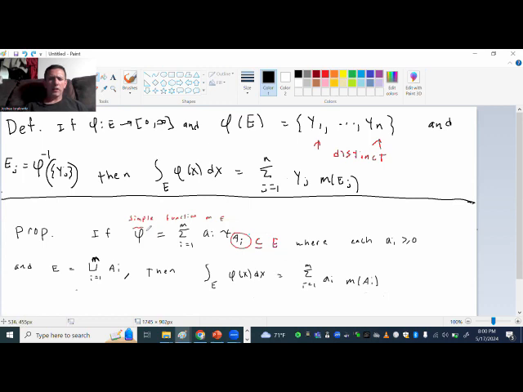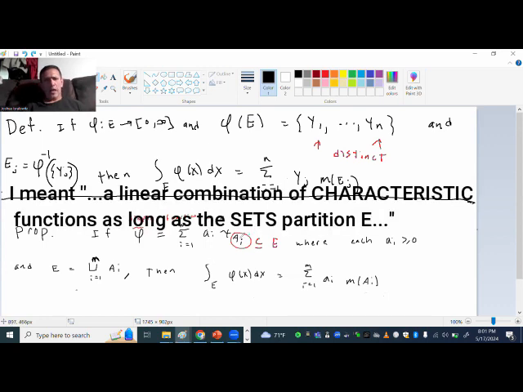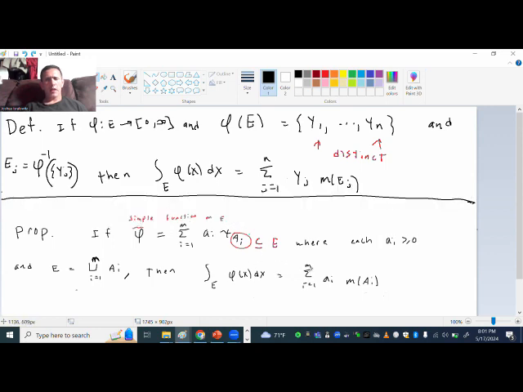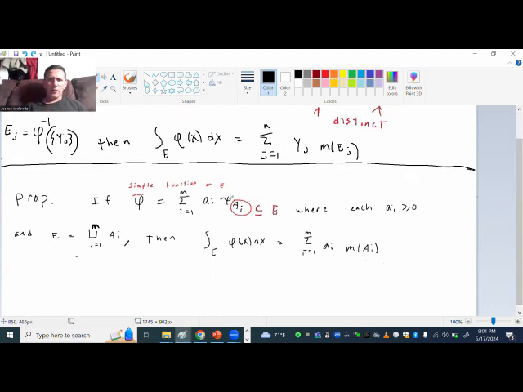If we write my simple function on E in any way we want, as a linear combination of step functions, as long as the step functions partition E, then the integral is as you would hope if linearity were true.